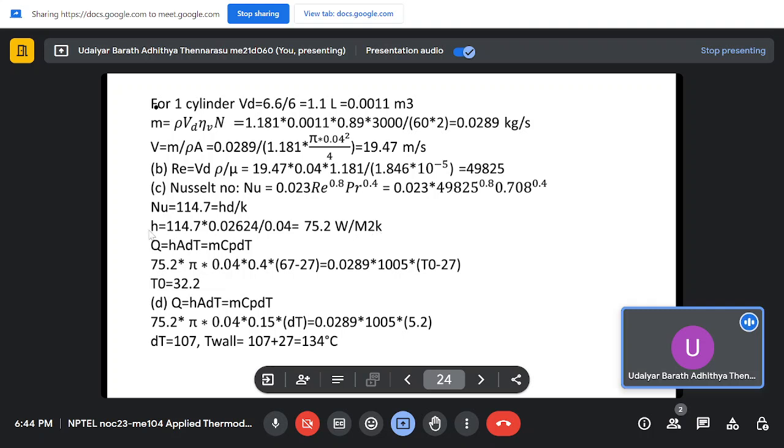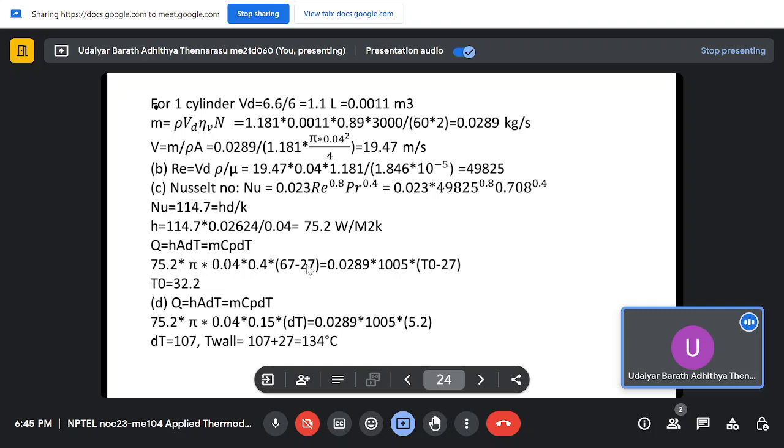So now we know the overall heat transfer coefficient. Now we can find the overall heat transfer which is happening, which is h A delta T, which will be equal to m Cp delta T. m Cp delta T is the change in internal energy of the air, and h A delta T is the heat transfer happening between the runner or the inlet manifold and the air.